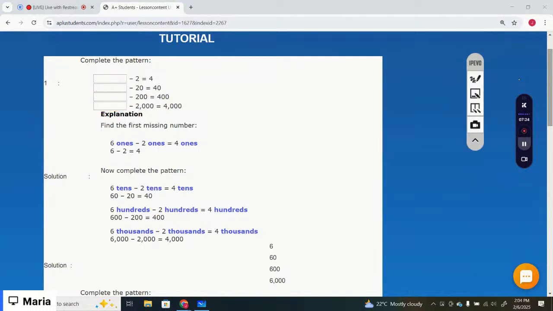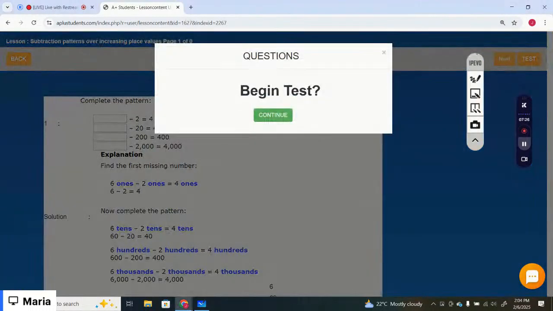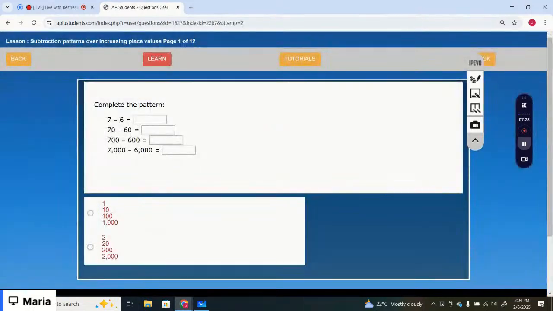Let's just start with the test questions. Complete the pattern. 7 take away 6. 70 take away 60. 700 take away 600 and 7000 take away 6000. So which is the correct option?